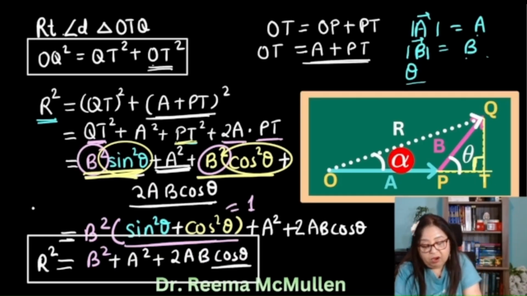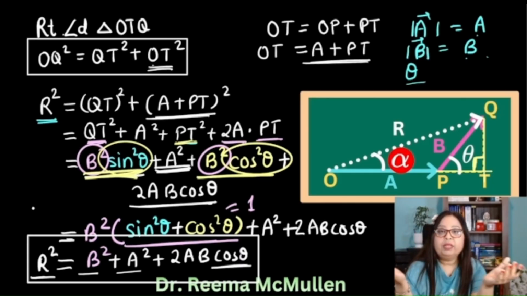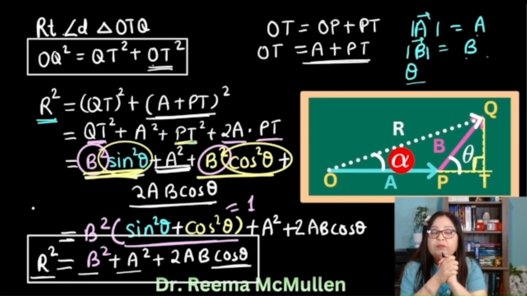And in that case, R squared will be equal to B squared plus A squared. Simple Pythagorean theorem. So this is the square of the magnitude of the resultant R of the vector sum of vector A and vector B that are at angle theta to each other.